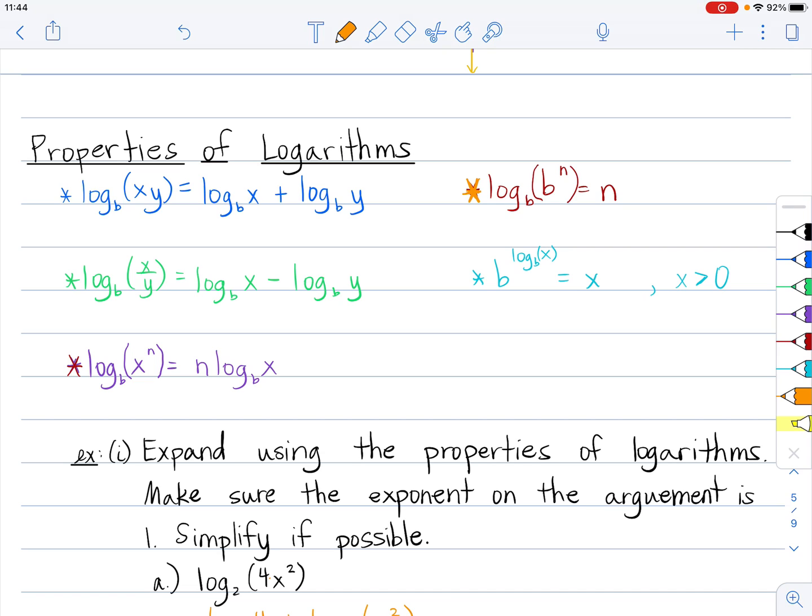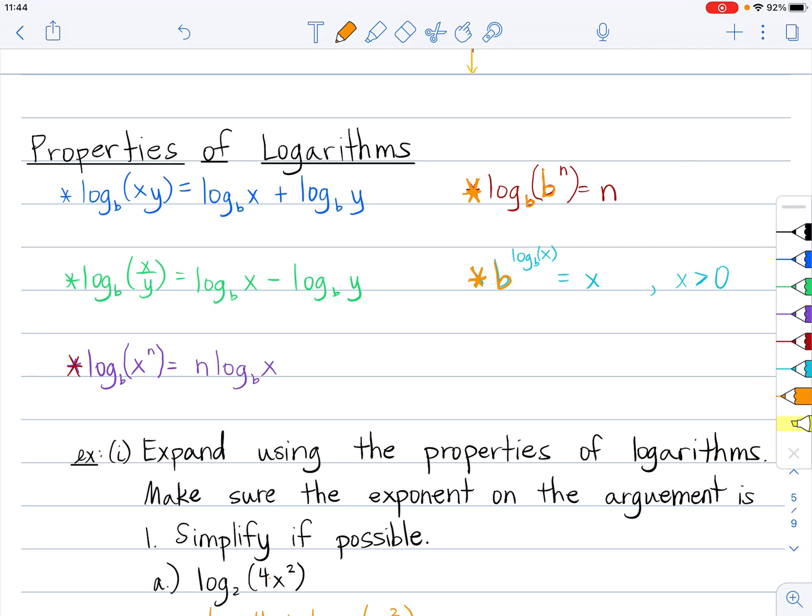That's what this property here says. Log base b of b to the n, log base b of b cancels, and n falls out. And we are going to use this property a whole bunch in the next section. Same thing with b raised to the log base b. So you just have to keep in mind that exponential functions and logarithmic functions are inverses when they have the same base. They're both base b here.